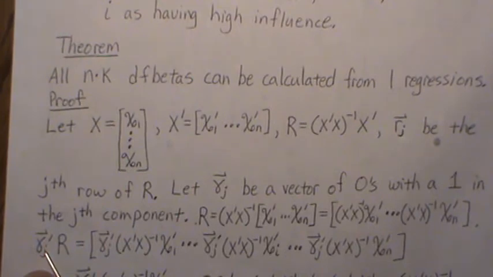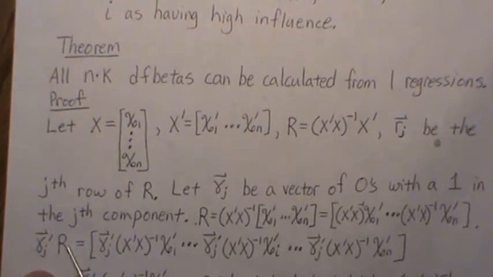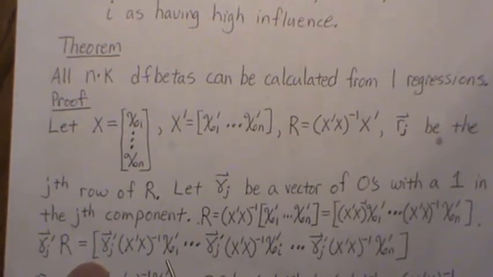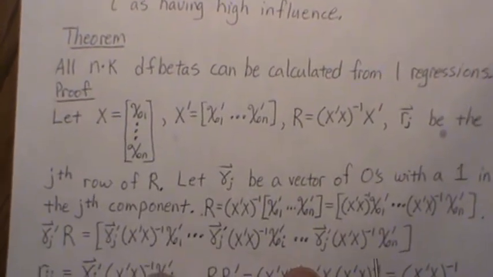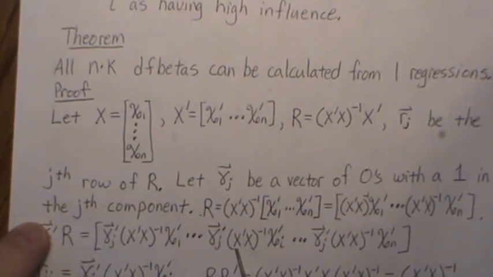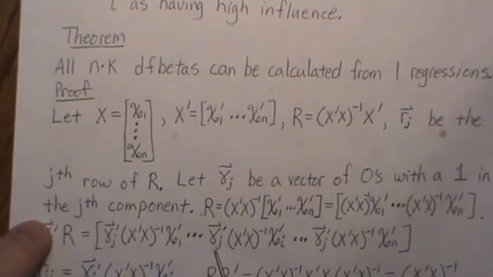Remember it's all zeros except for a 1 in the jth component, so it picks off the jth row of R. But you can also think of it as gamma_j getting multiplied into each column like this. If we isolate on this one, remember this is the ith column, then multiplying by gamma_j picks off that jth component of this ith column.